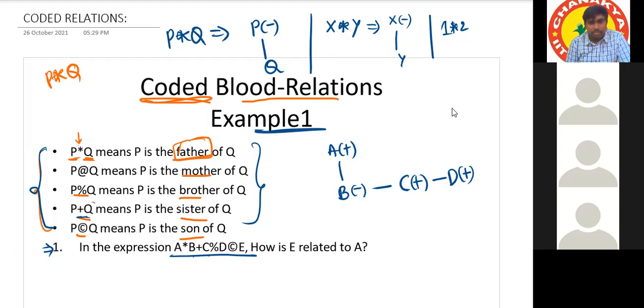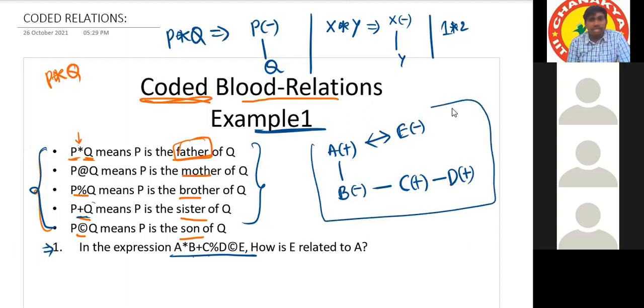So E is the spouse, right? If you take E as the spouse of A, then it will be possible. Yes, sir. So that's all. This is the family chart for the given expression.